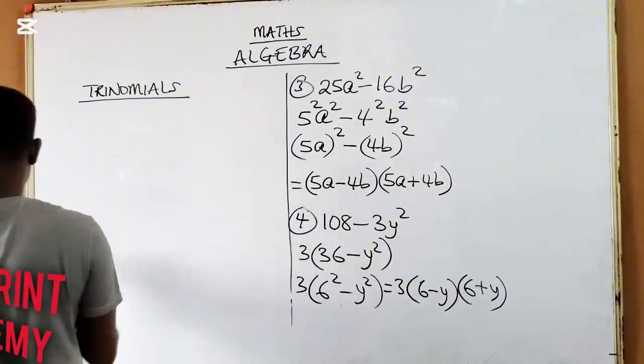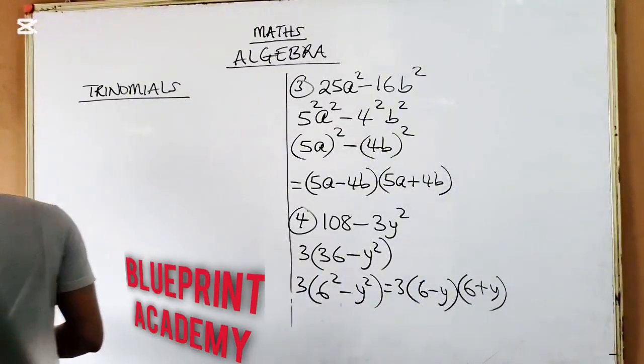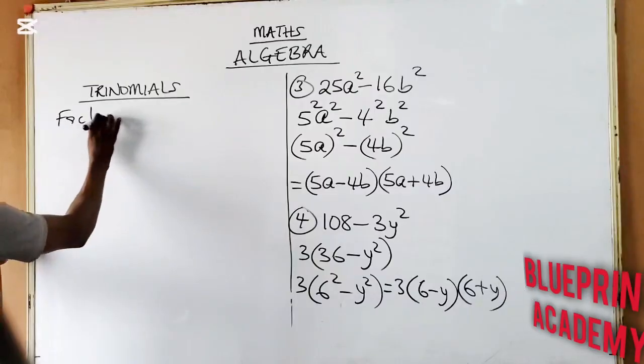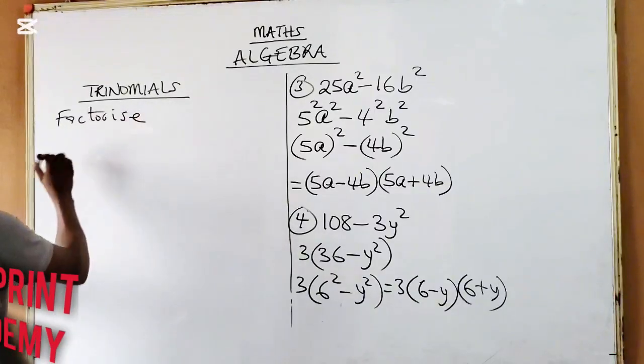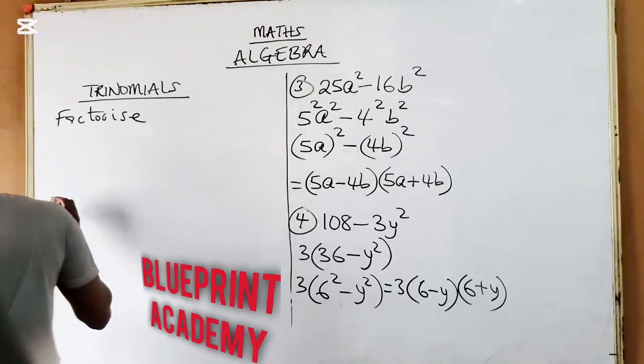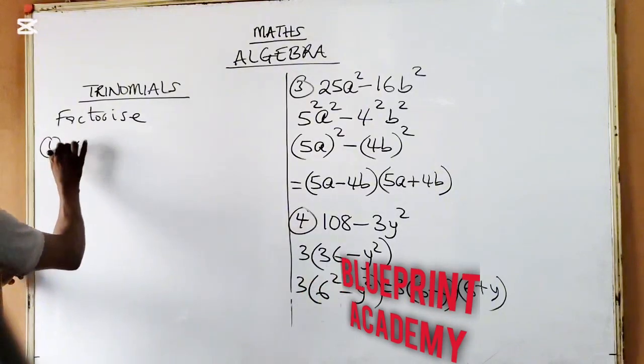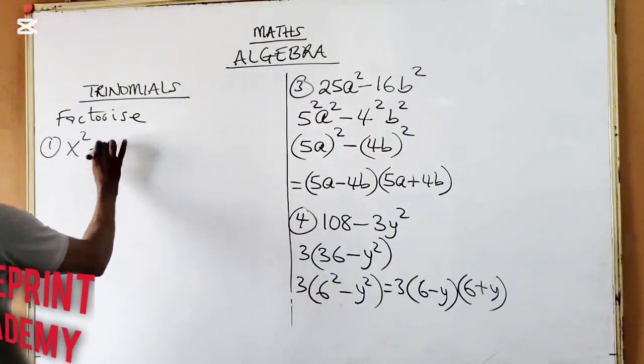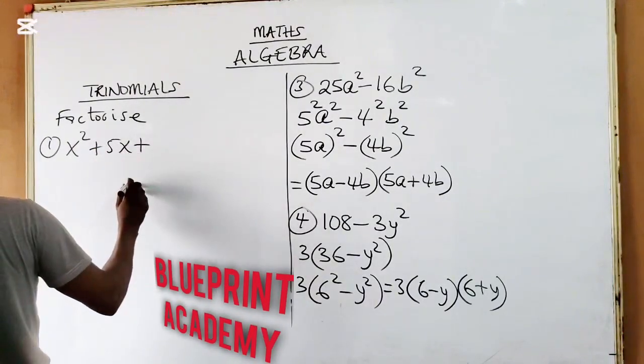So now let's see the first example. It says factorize. Example 1: x squared plus 5x plus 6.